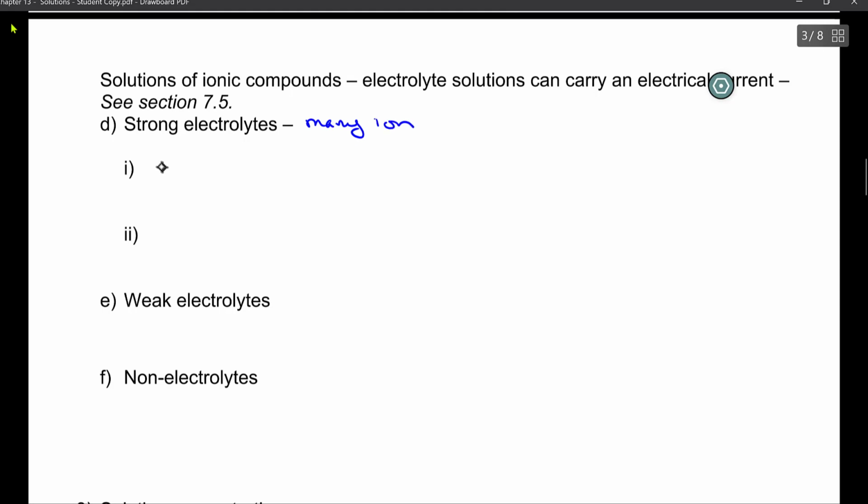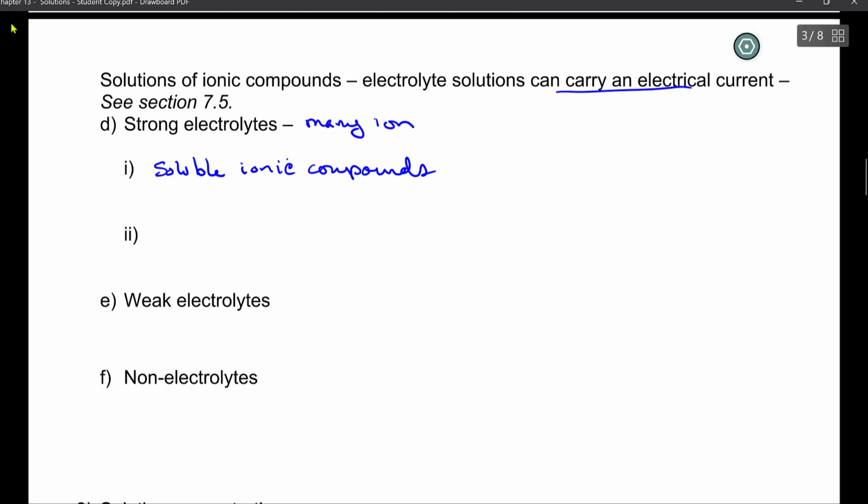These are things like soluble ionic compounds. What happens when an ionic compound dissolves in water is it splits completely into its cations and its anions, and that gives it the ability to have these positive and negative charges to carry the electrical current.